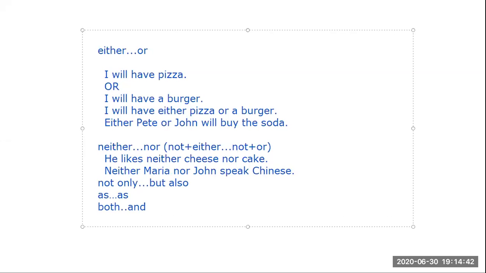Neither Maria nor John speak Chinese. So Maria doesn't speak Chinese, John doesn't speak Chinese. So neither Maria nor John speak Chinese.